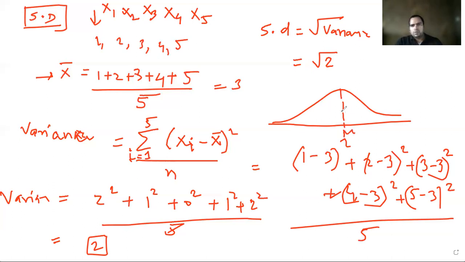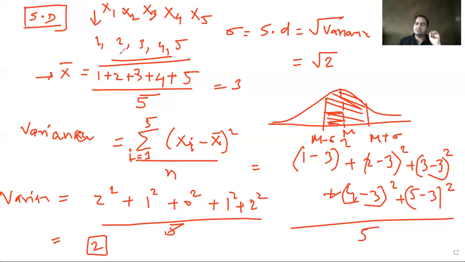But if you go one standard deviation away from the mean, so mean minus one standard deviation and mean plus one standard deviation, where standard deviation is represented by the sigma notation, around 65% of the values will fall in this interval. If I say this is 3 minus root 2 and 3 plus root 2, you'll notice that 65% of these values will fall into that interval.